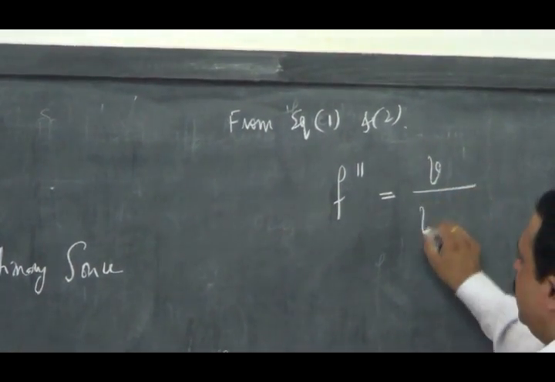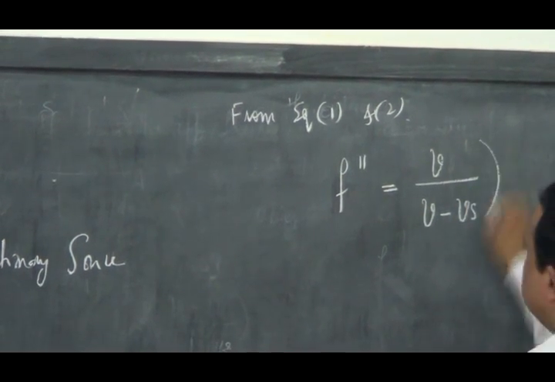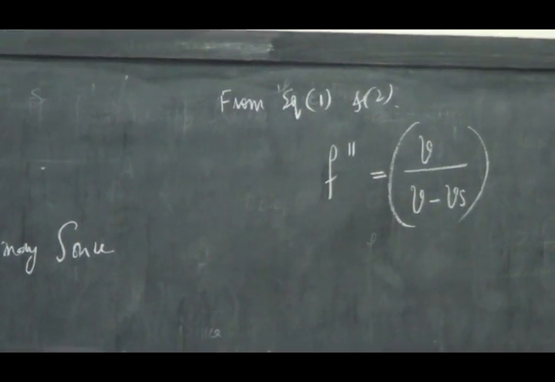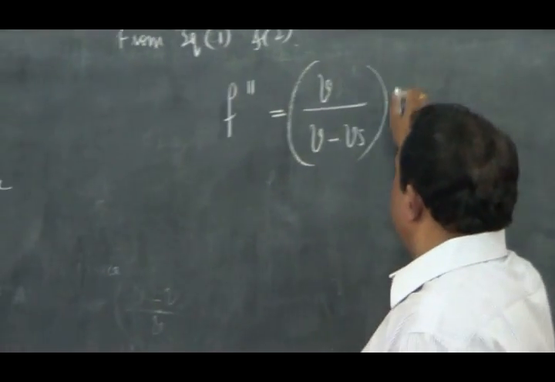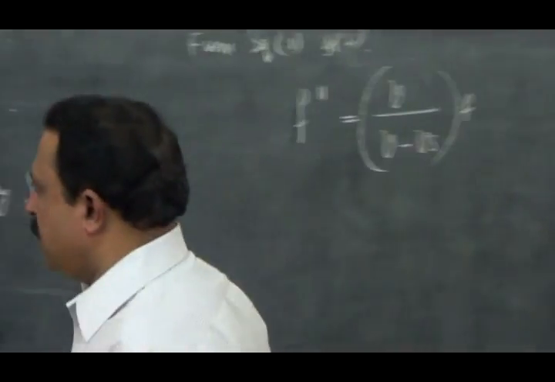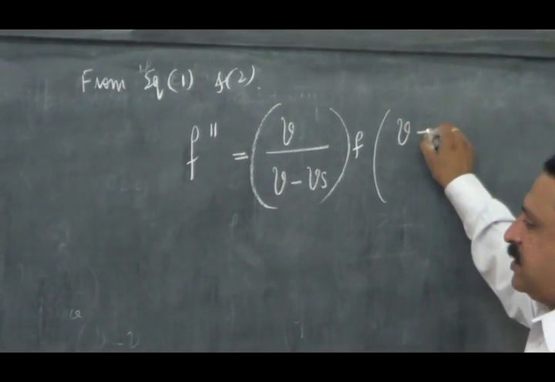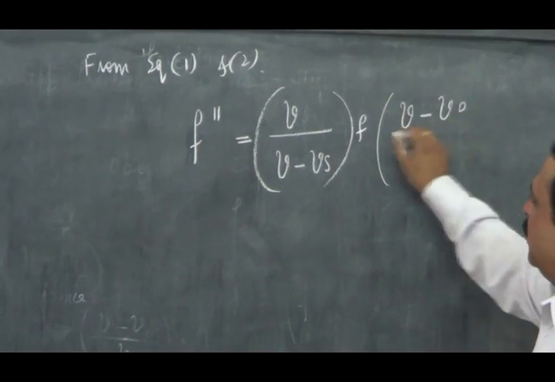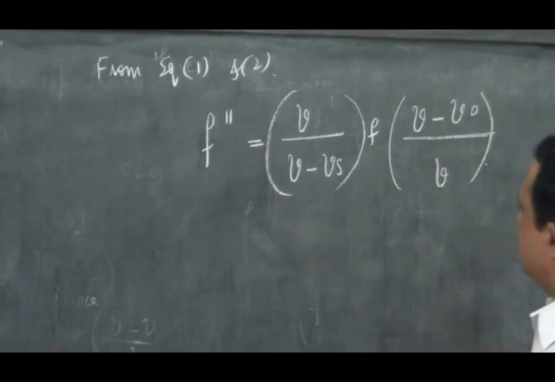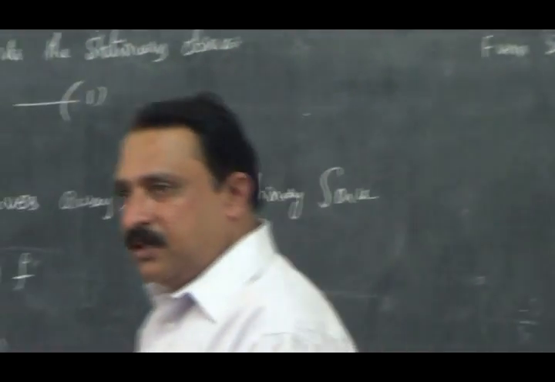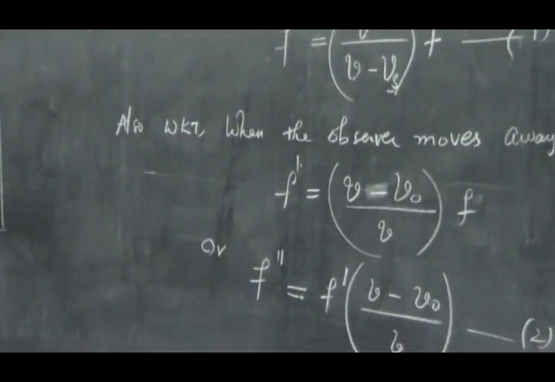V by (V minus Vs) into F, into (V minus V naught) by V. You understood?